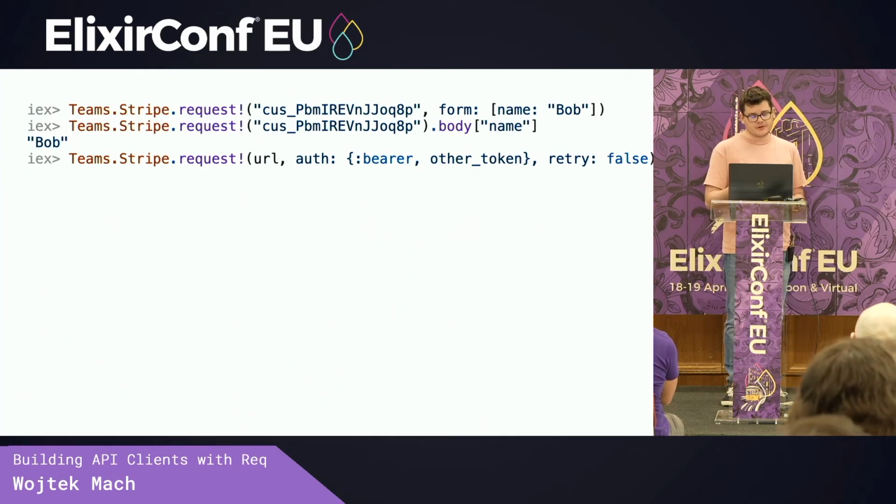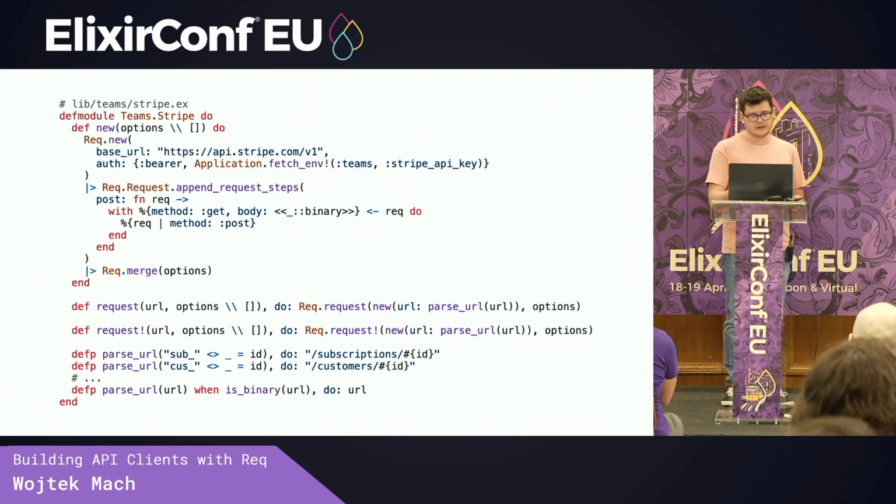And so very late in the process, you can still use all of the rec functions. You can disable retries, for example, or you can set some different authentication tokens. This is really useful when debugging. And yeah, this is pretty much the whole module. This is what we use for Stripe, and it has been working very well for us.